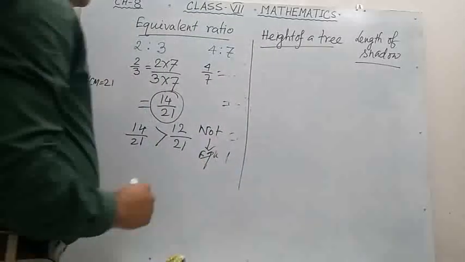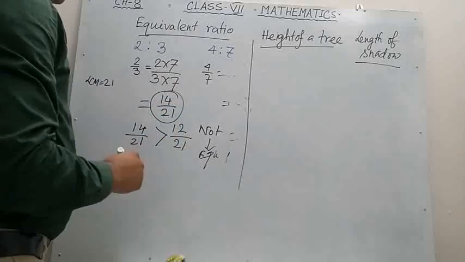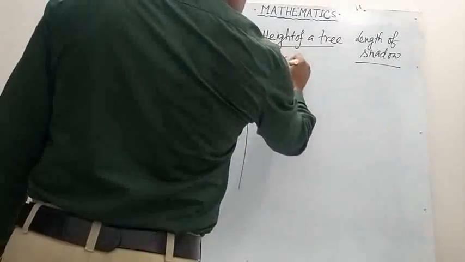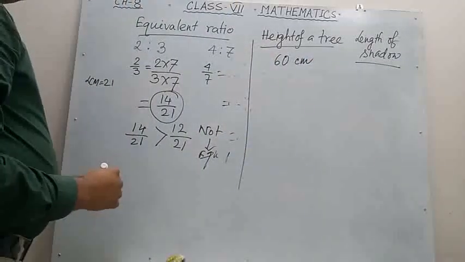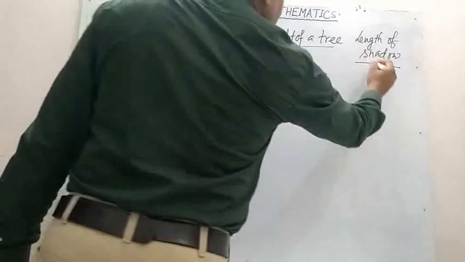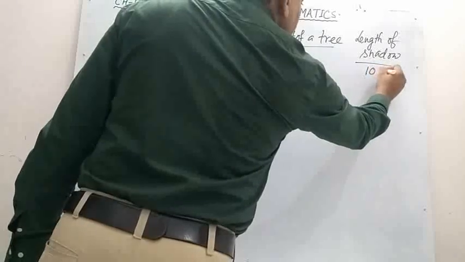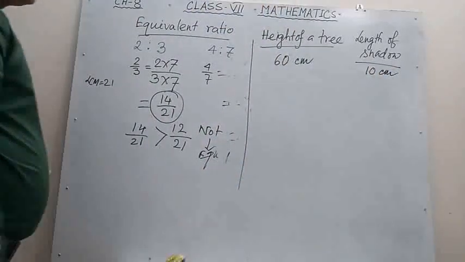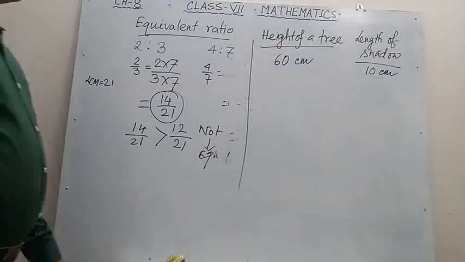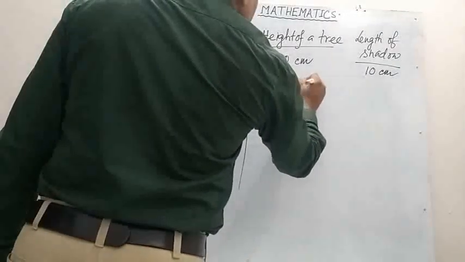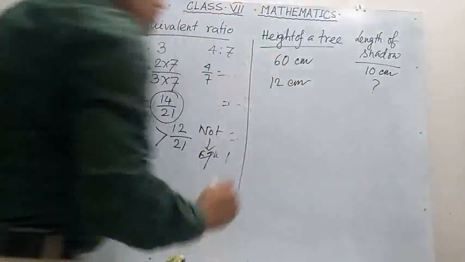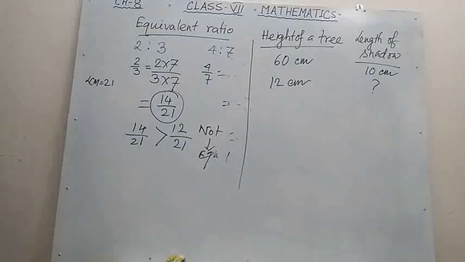Now it is given there are two trees. The height of the first tree is 60 centimeter and the length of its shadow is 10 centimeter. And the height of the second tree is 12 centimeter. Now it is asked, what is the length of the shadow?